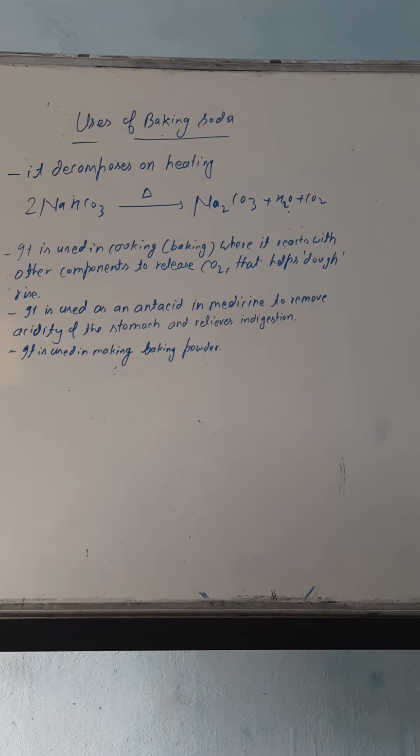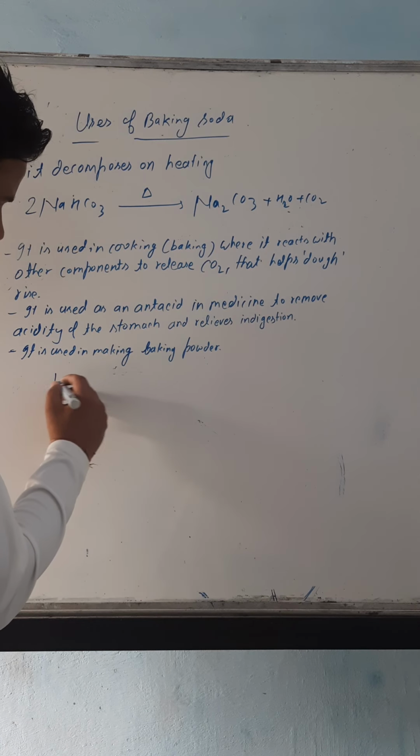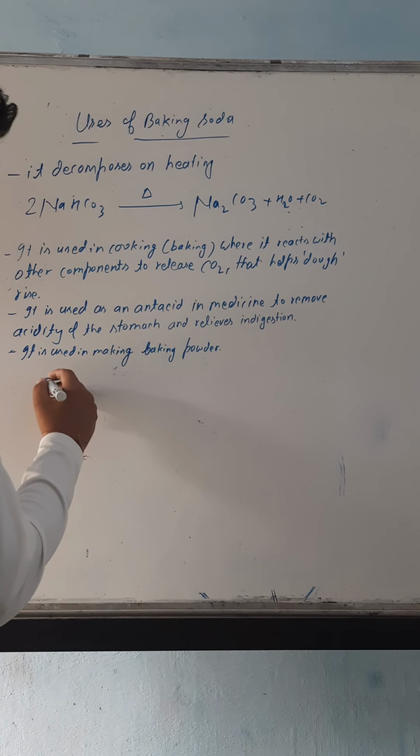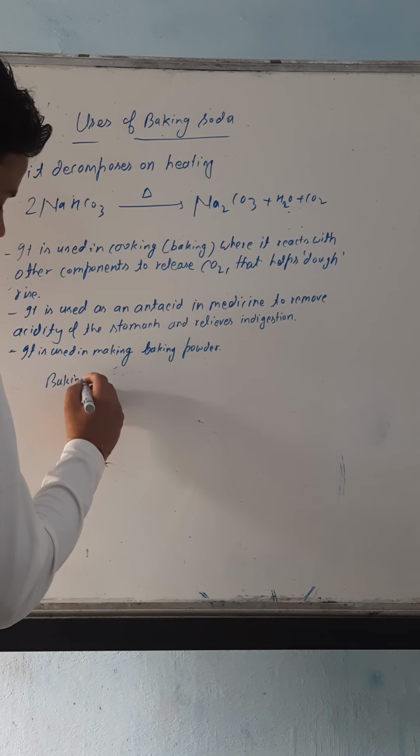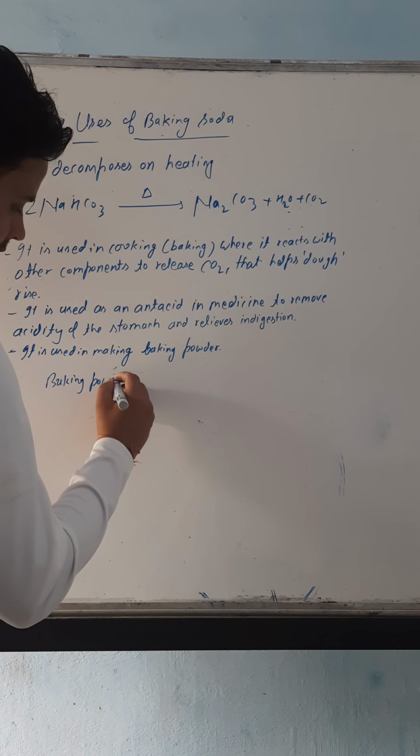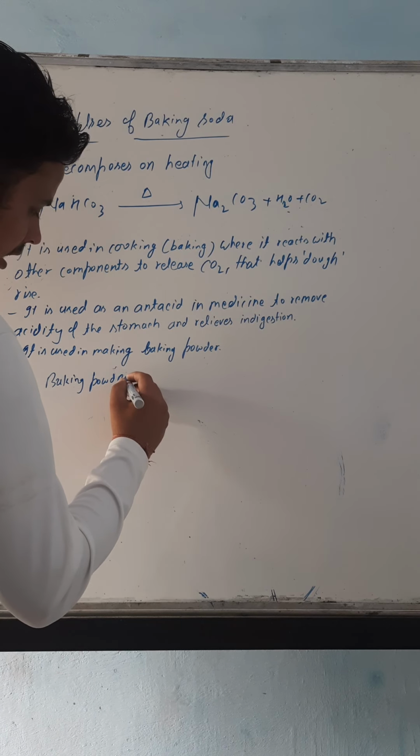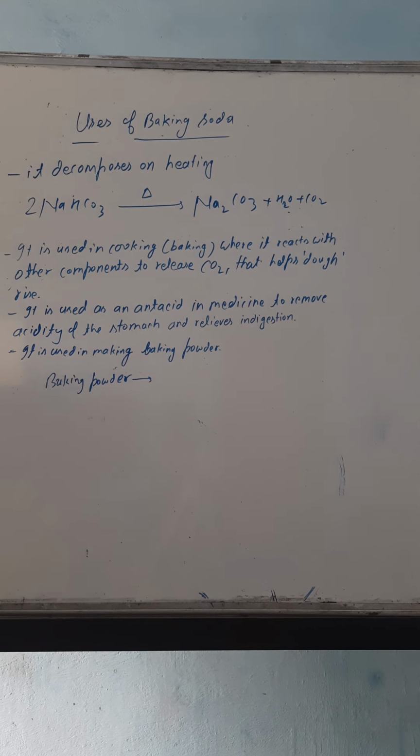How do we make baking powder? Baking powder, if you see, is a mixture. Baking powder is a mixture of what?